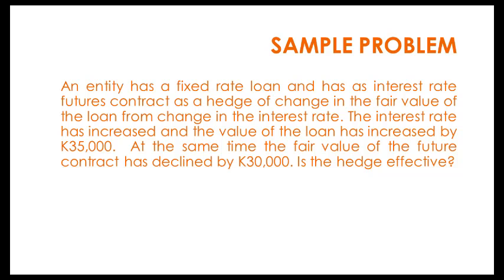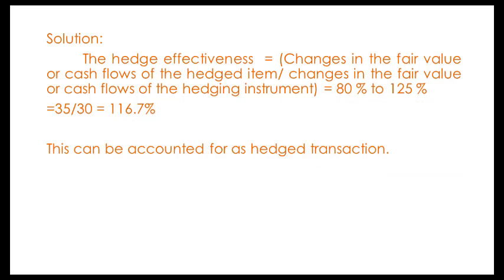So the test will be, is the hedge effective? So the solution will be change in fair value or cash flows of the hedge item over changes in fair value or cash flow of the hedge instrument. So it should be within 80% to 125%.